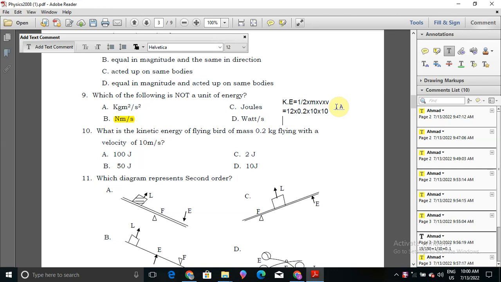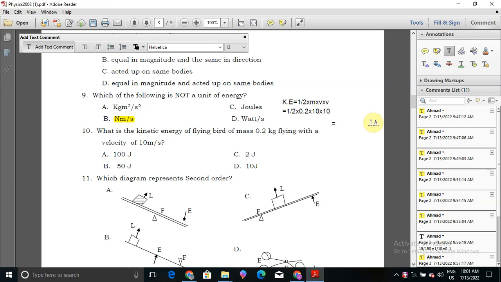Then what we will do here, 1 over 2, one over 2 here by 2 and here by 2 also to be by 1, so as the last answer it will be 10. Why?